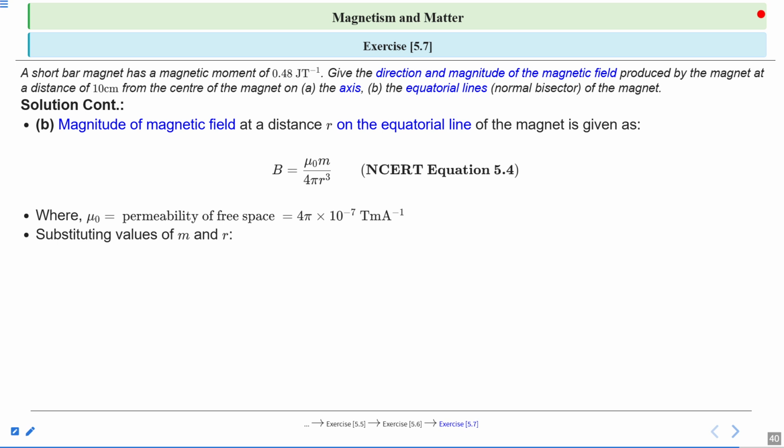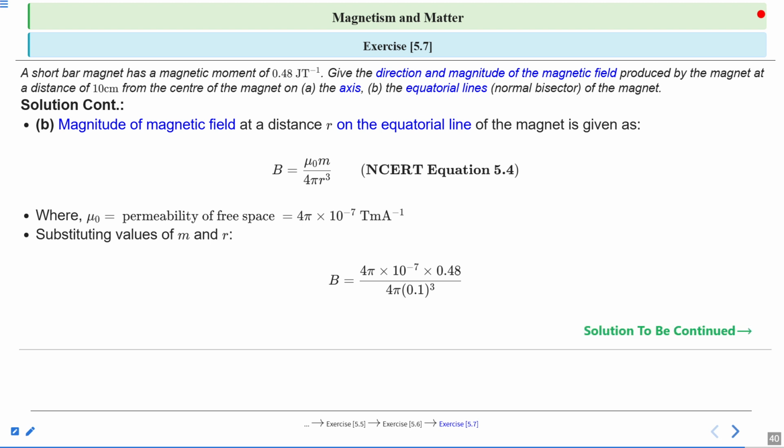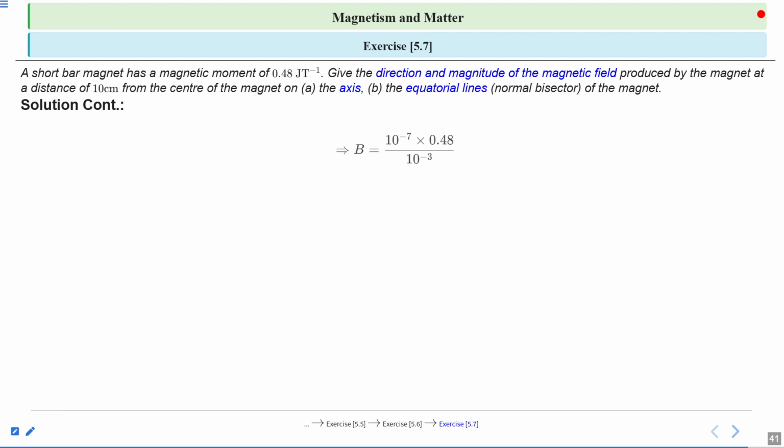Substituting values of m and r here, you will get B equal to 4 pi into 10 to the power minus 7 into 0.48 upon 4 pi into 0.1 raised to power 3. 4 pi and 4 pi will get cancelled out, and B equal to 10 to the power minus 7 into 0.48 upon 10 to the power minus 3.